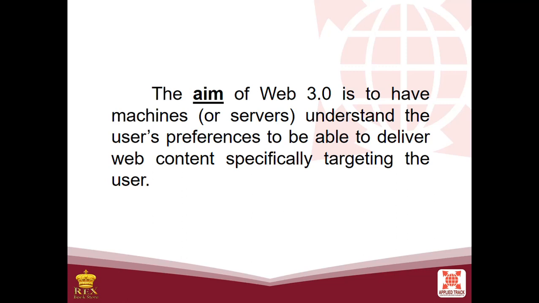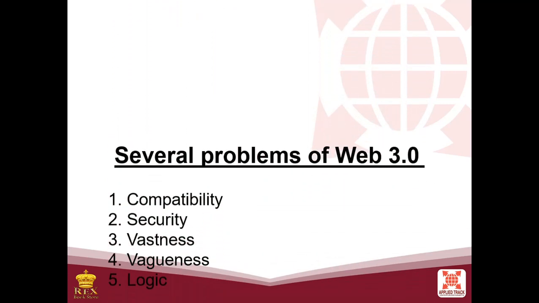So this is most probably user preference, and as of the moment, this type of website is not yet available because of different reasons, and during the trials, they actually encountered different problems. That's why it's not yet implemented. So what are the different problems?